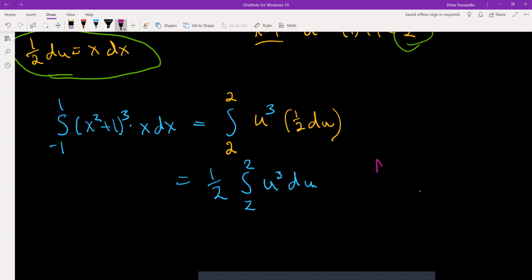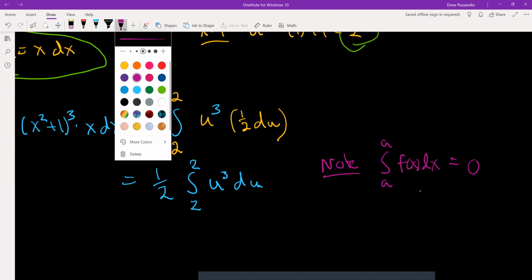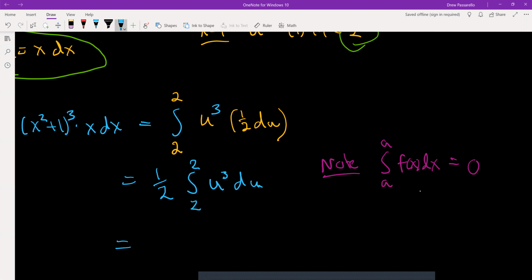And when you have the same limits of integration, like integrate from a to a of f of x dx, that's going to be 0. So the short answer to this is 0, because I have the same limits of integration. So our answer is going to be 0.